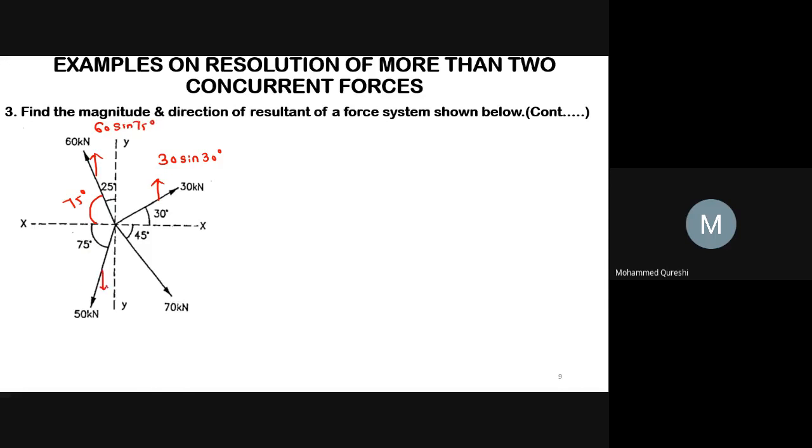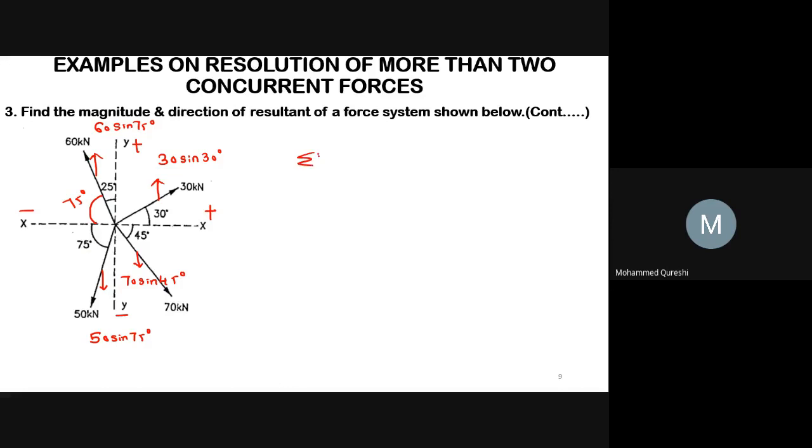Here 50 sine 75 degree, and here 70 sine 45 degree. This will be your plus, minus, plus, and minus.